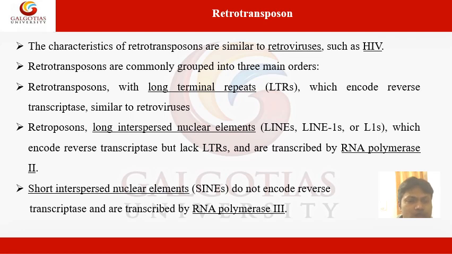And the retroposons, known as long interspersed nuclear elements, represented as LINEs or L1s, which encode the reverse transcriptase but lack the LTRs and are transcribed by RNA polymerase II. The short interspersed nuclear elements, represented as SINEs, do not encode the reverse transcriptase and are transcribed by RNA polymerase III.